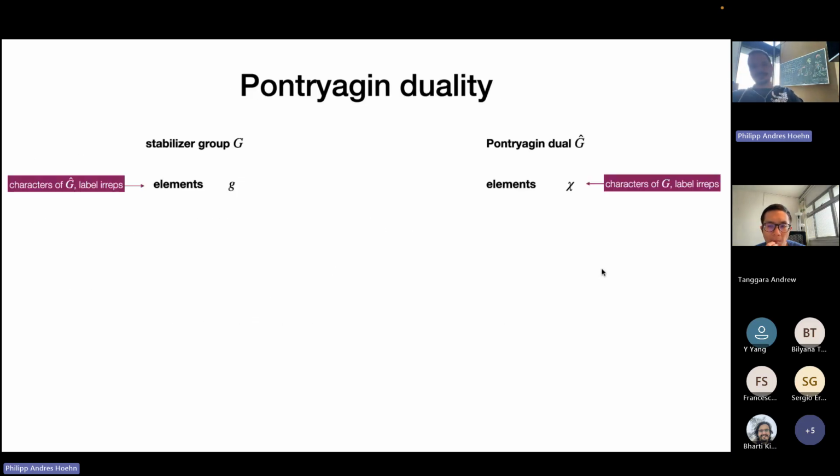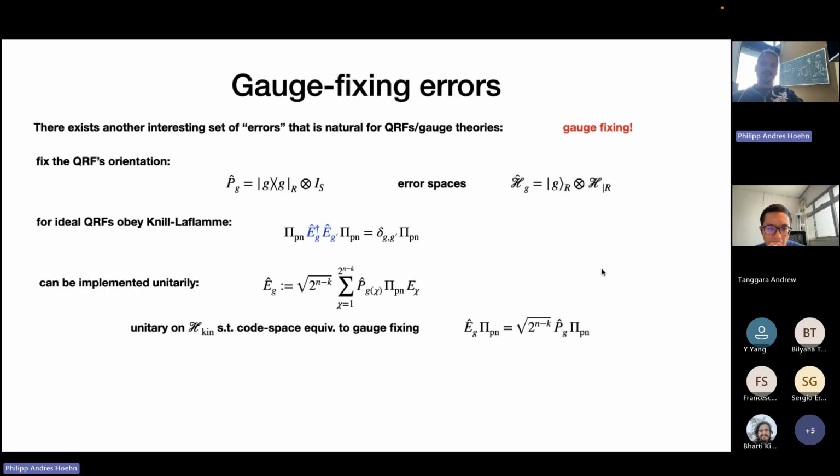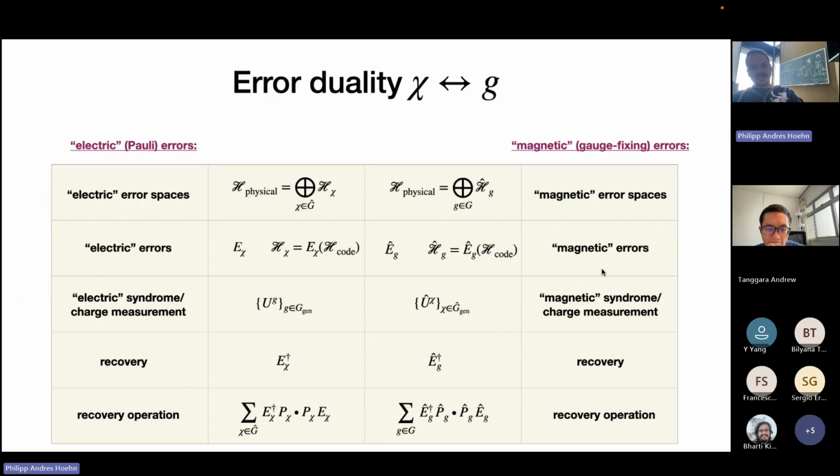And it turns out there's a certain Pontryagin duality that I'm now not going to explain. But you can think of that really as a discrete version of position momentum duality. And these errors that you get in this way are kind of dual to the standard Pauli errors that we consider in stabilizer codes, where you can think of the standard errors in some sense like electric charge excitations that I mentioned, and these gauge fixing errors you can think of as magnetic errors.